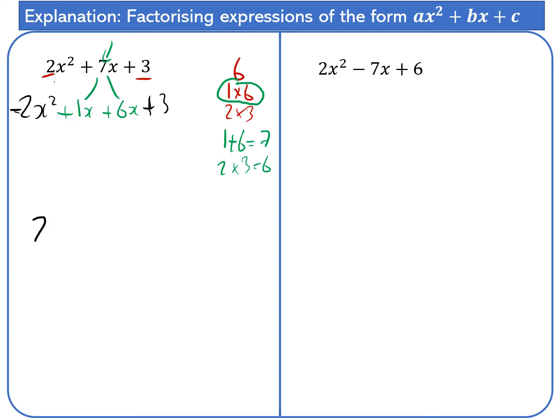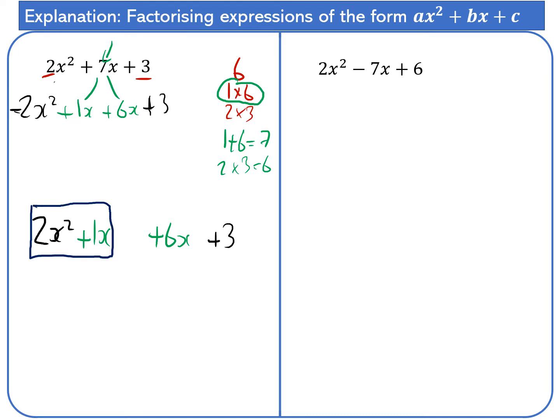And now I write that underneath. Give myself some space. I could have written this 1x and 6x the other way around, but in general it helps if this is the smaller of the two terms, and if I've got a negative I'll put that there. If you've got two negatives then you don't have a choice.